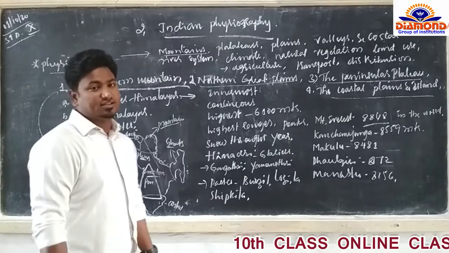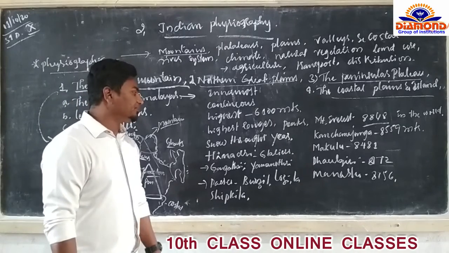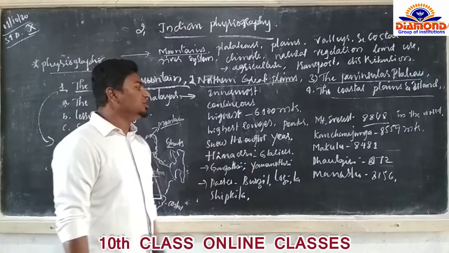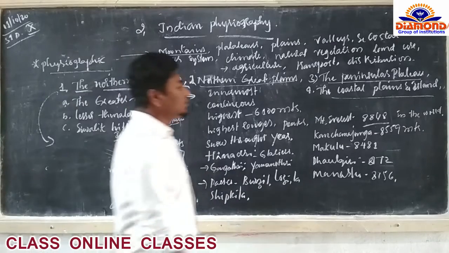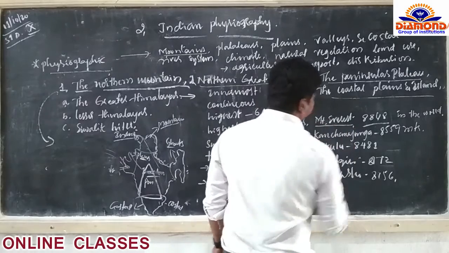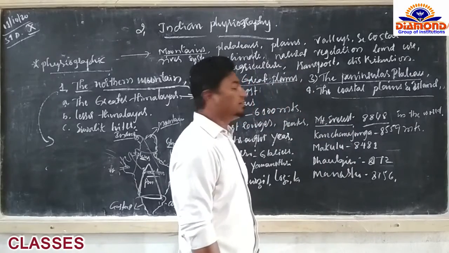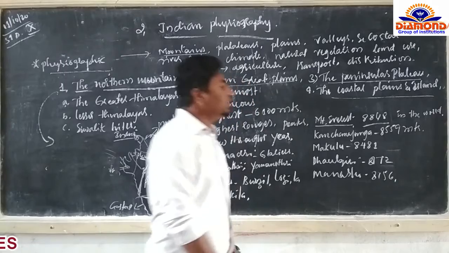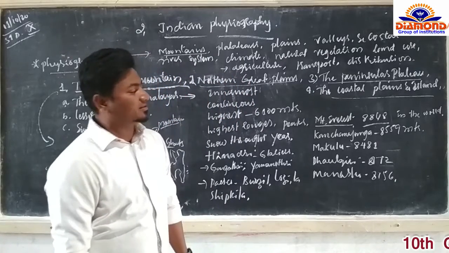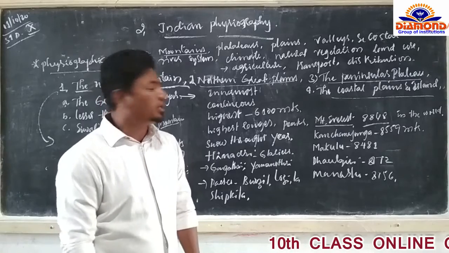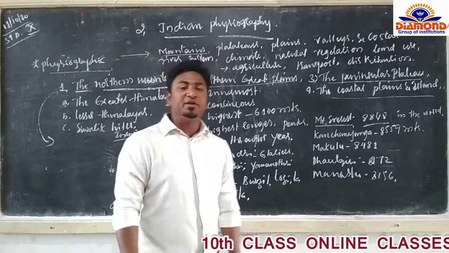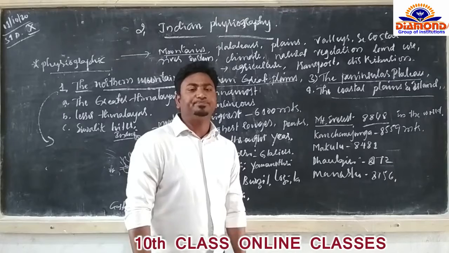The highest range peaks are above 6,100 meters. Mount Everest, at 8,848 meters, is the world's highest mountain, shared between India and Nepal.